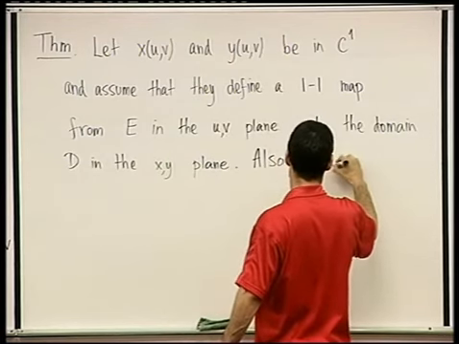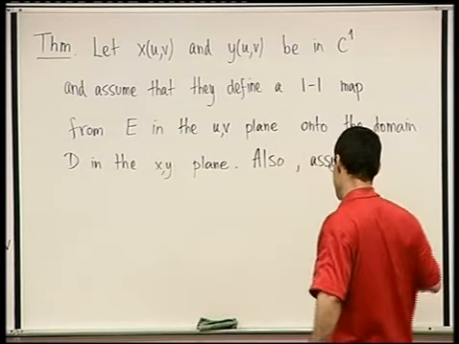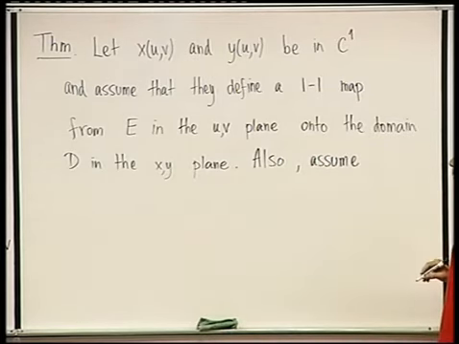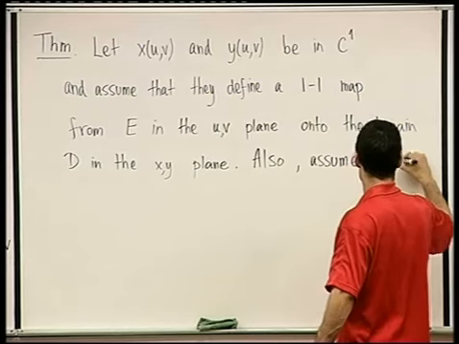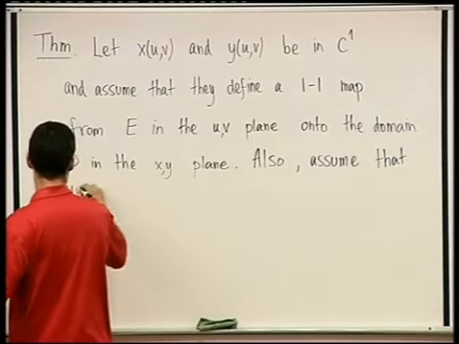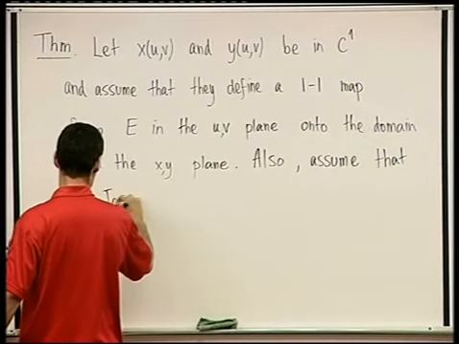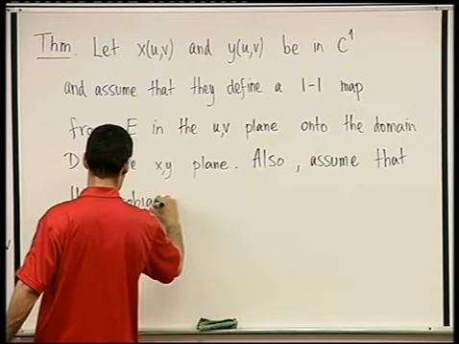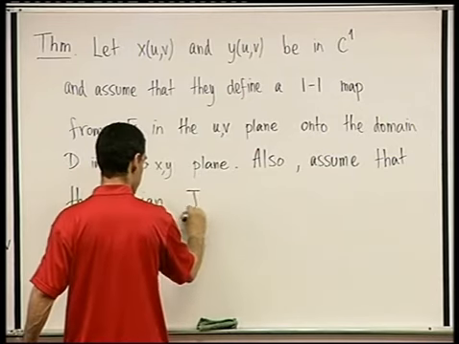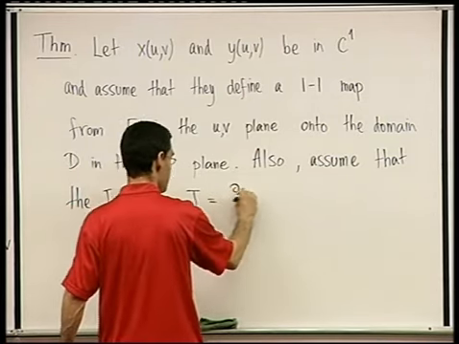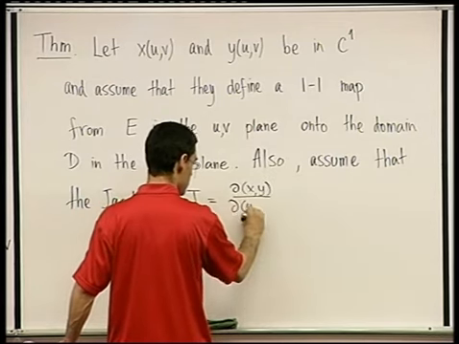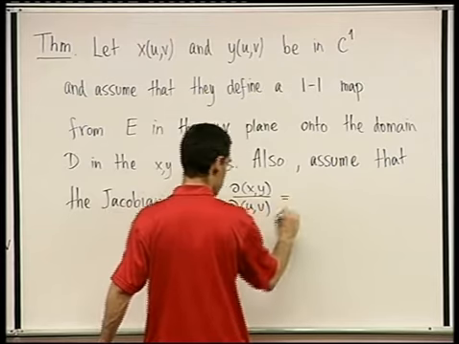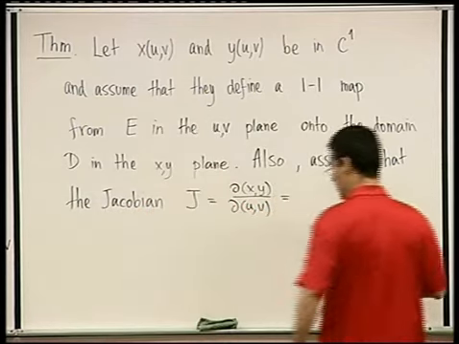Also, assume, so this is again a requirement that we're going to have to check that it's satisfied whenever we use this theorem, that the Jacobian J, which is d(x,y) to d(u,v), and let's write explicitly what this means.